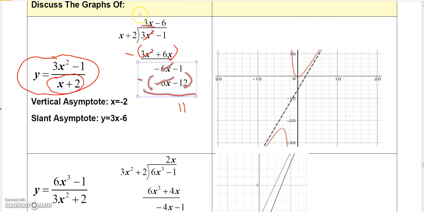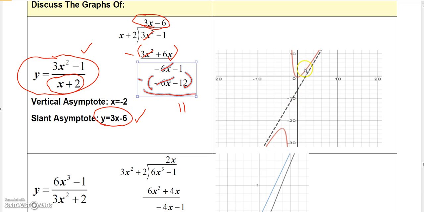The slant asymptote is simply the quotient. It's the linear function that is the quotient. So in this example, the slant asymptote would be y equals 3x minus 6. Now, what you can do if you want to is go ahead and graph this function and graph this slant asymptote on the same graph, and you should have a picture like right here.